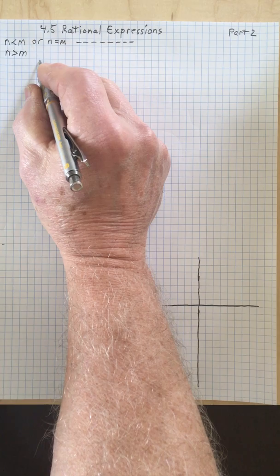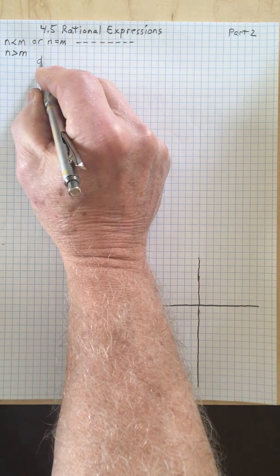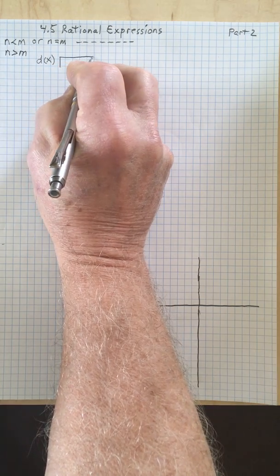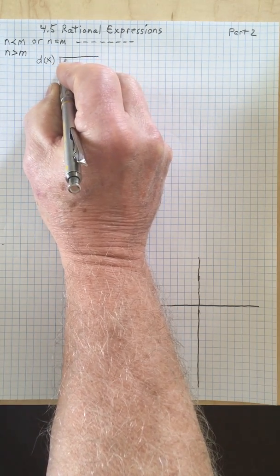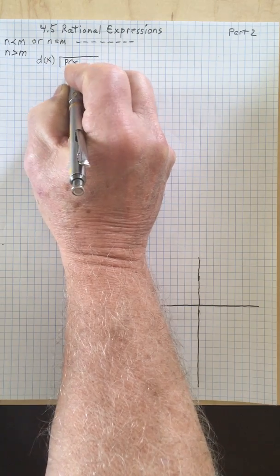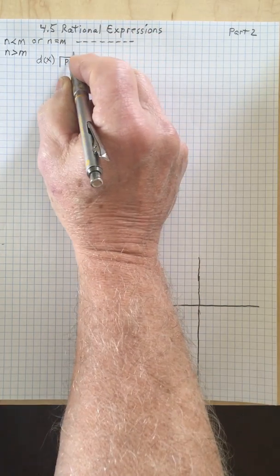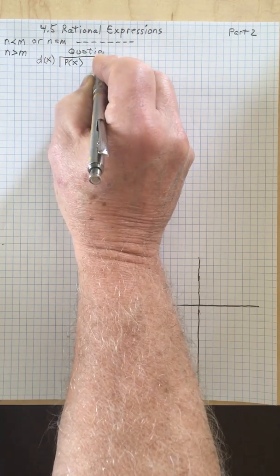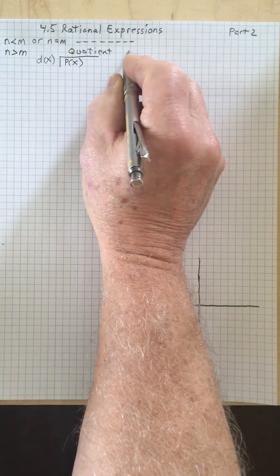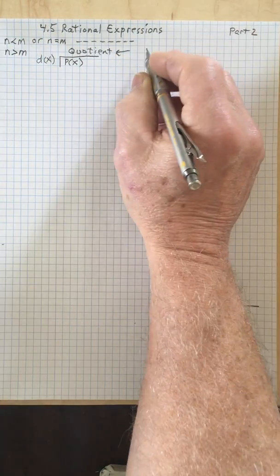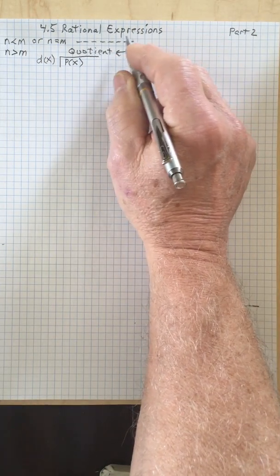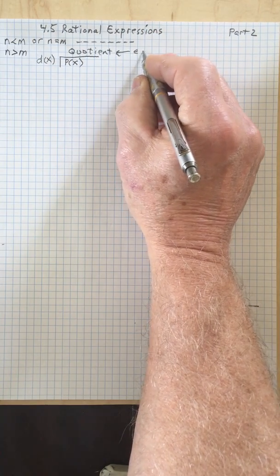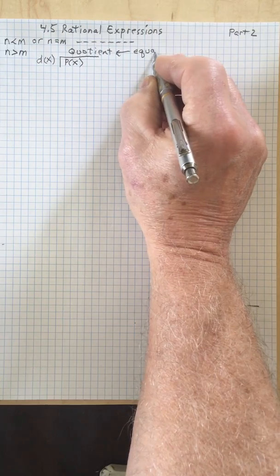You take the denominator and divide it into the numerator, which we were calling p of x. When you do that division, you'll get a quotient. The quotient is the equation of the non-horizontal asymptote. So that's all you have to do.